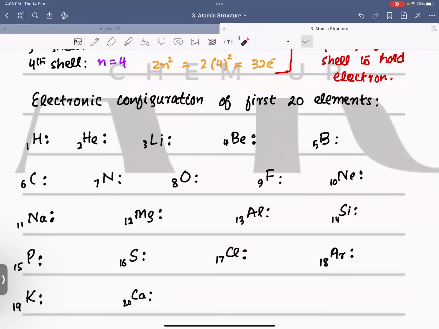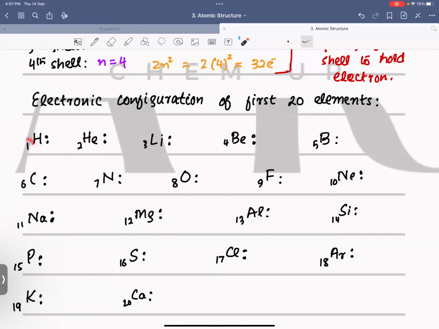Okay, so let's start with hydrogen. What is this number telling us about hydrogen? If you recall from the previous class, the subscript is the atomic number, which means the number of protons.